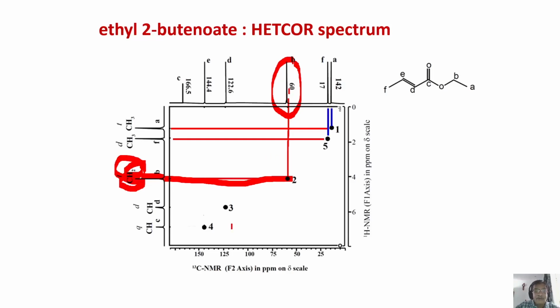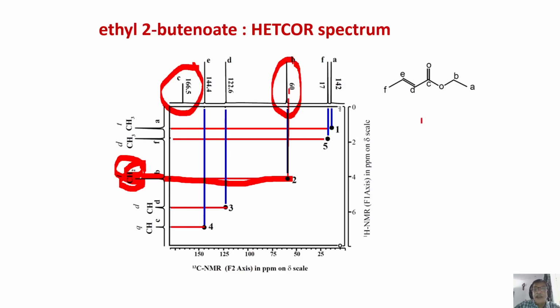And this is for the CH carbon. This is the proton chemical shift, and this is the carbon chemical shift. But if you see, there is one peak in the carbon spectrum, in the projection on the top of it, which has no correlation at all. There is no correlation to any proton.